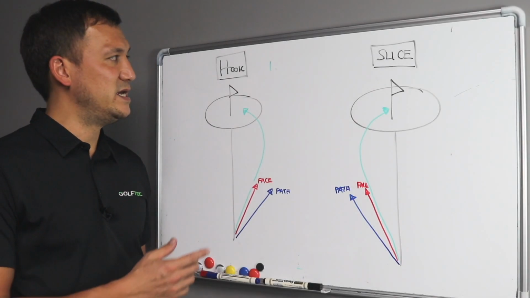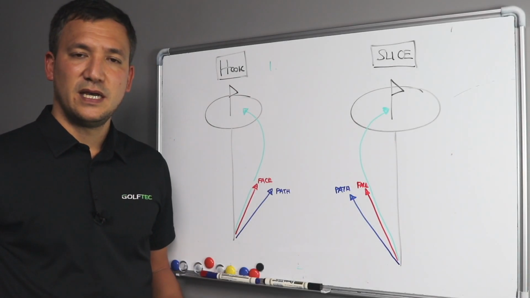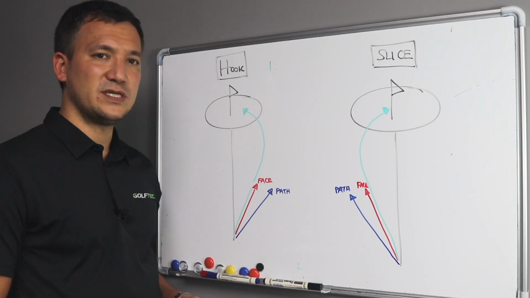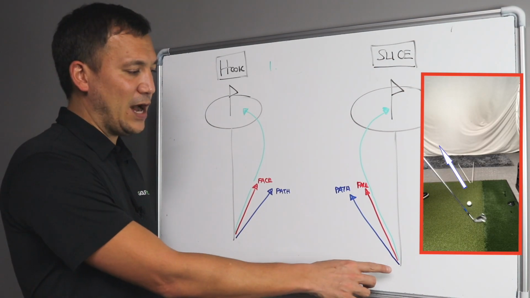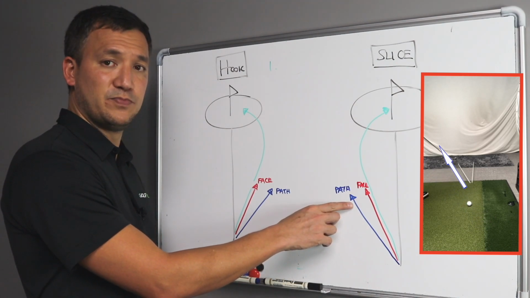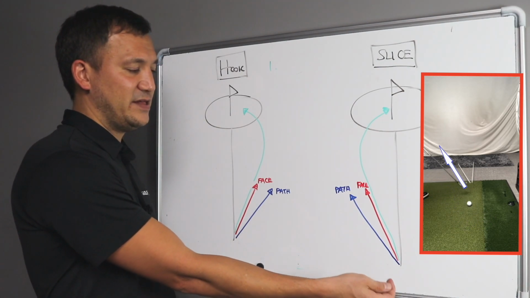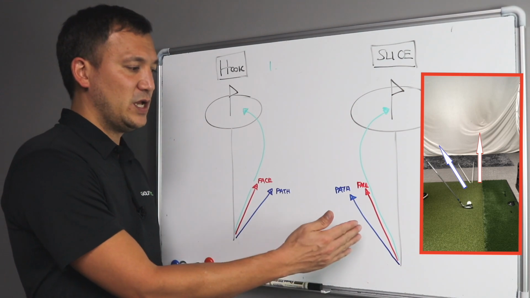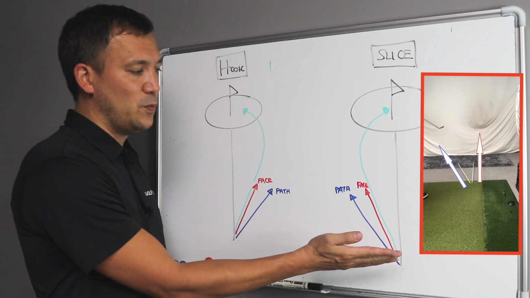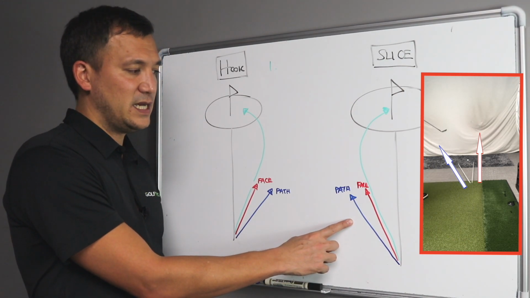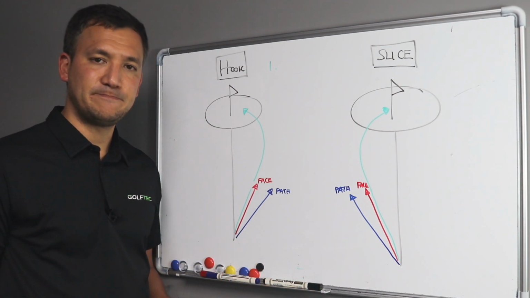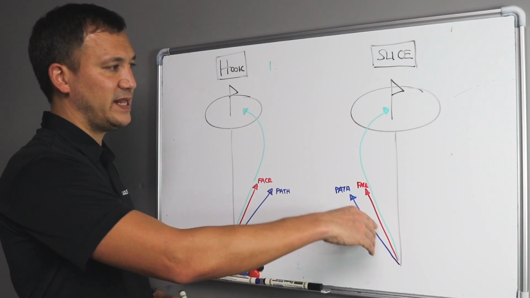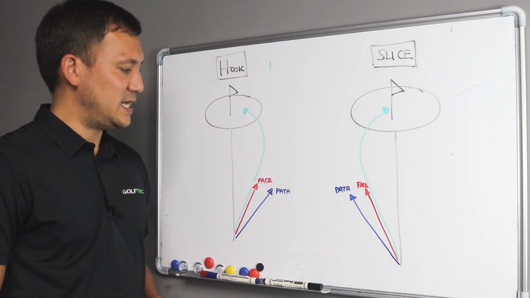So let's have a look at a hook and a slice. Typically a person who slices the ball would have a club path moving out to in, this blue arrow right here, a path to the left of the target line with a club face that is slightly open to that path, which would result in an axis tilt of the ball to the right and the ball curving from left to right.